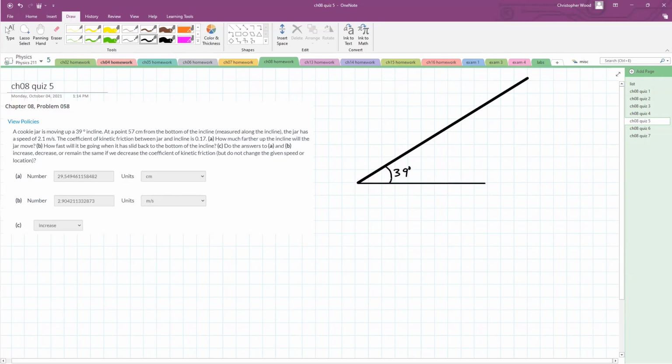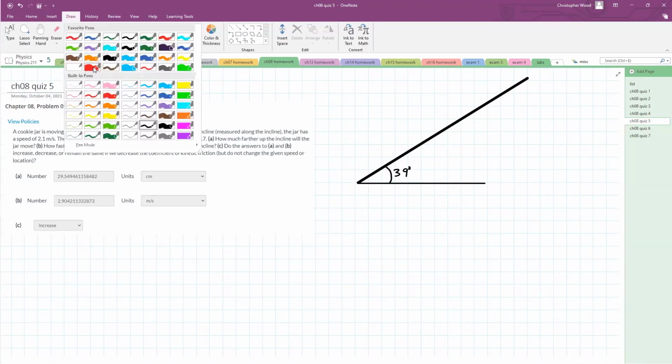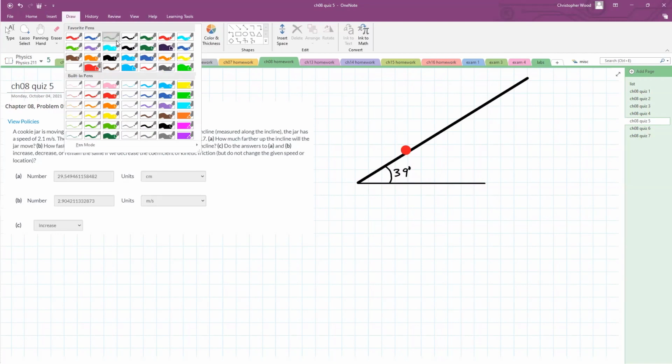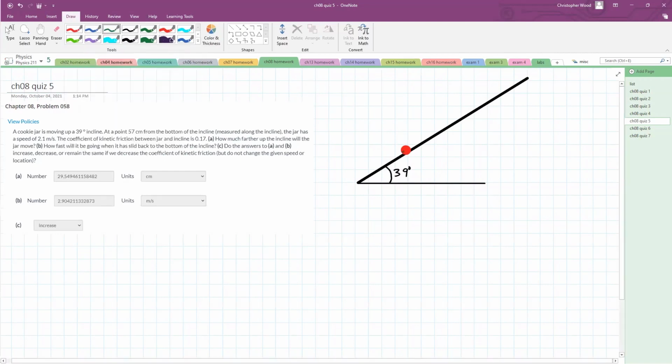And it says at a point 57 centimeters from the bottom. So here's my cookie jar, sitting right here. Not at the bottom, at that point. At a point 57 centimeters from the bottom of the incline. So for this point, from here to here is 57 centimeters. And I just instinctively go to meters. All right, so that's where my cookie jar is.